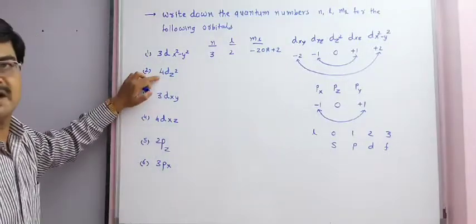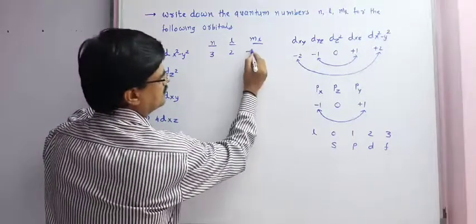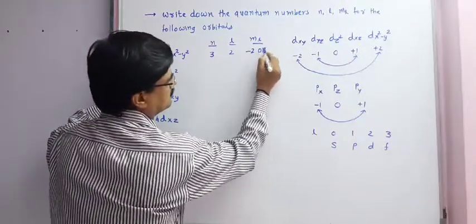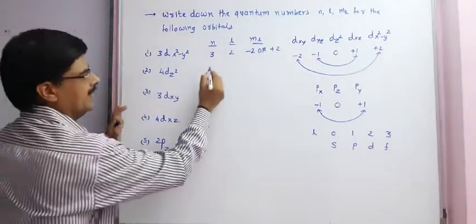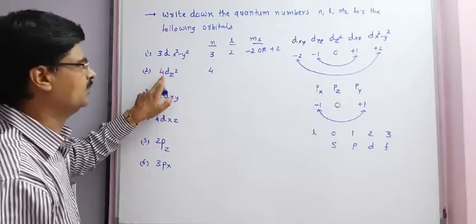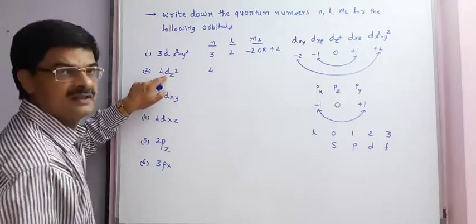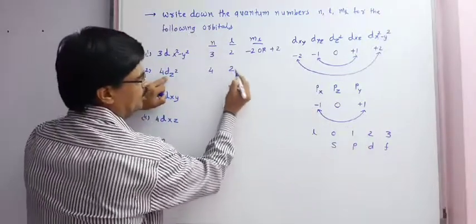Now for 4d z square, the principal quantum number n is equal to 4, and as it is a D subshell, we can again write L is equal to 2.